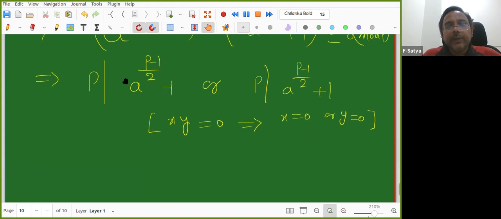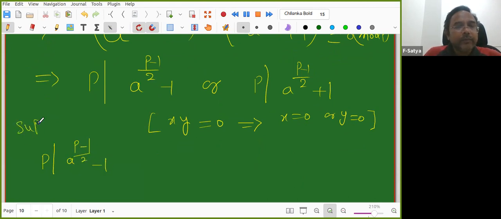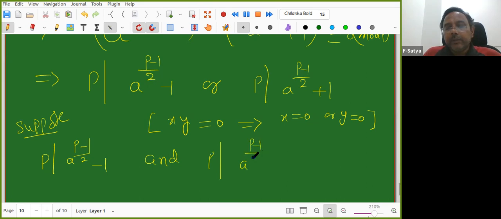So p divides a power (p minus 1)/2 minus 1 as well as a power (p minus 1)/2 plus 1. Suppose that happens. I'll write so that it will be clear. Suppose p divides a power (p minus 1)/2 minus 1, and p divides a power (p minus 1)/2 plus 1.